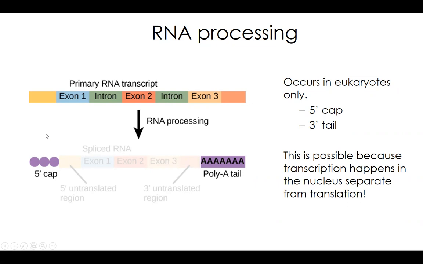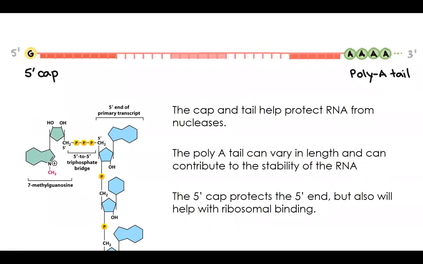We're also going to have a 3' or poly A tail. This is possible because transcription happens in the nucleus, separate from translation. Because we can separate that process out, we have time and need to add a cap and a poly A tail. The cap and tail will generally help protect the RNA from nucleases.